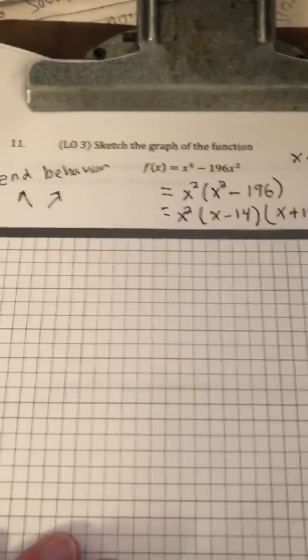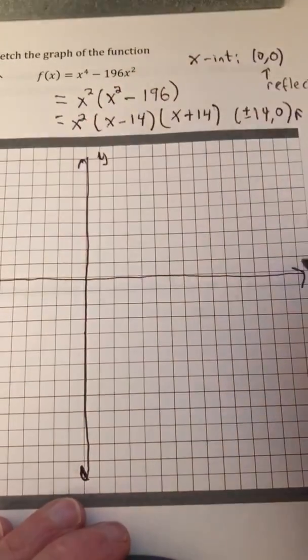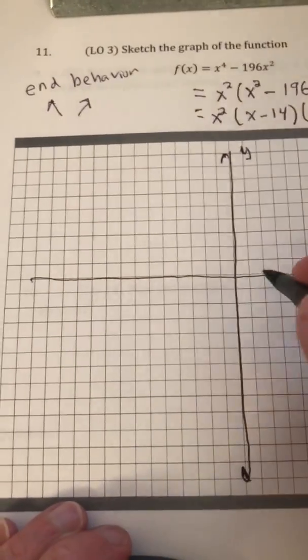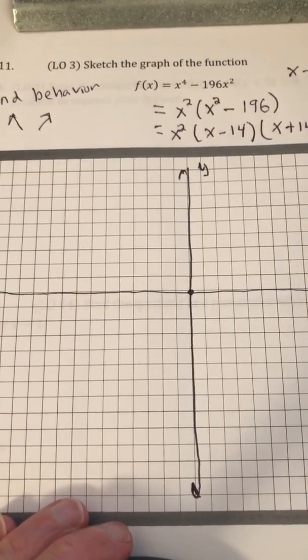So what we're going to have to do is, on our grid, draw our XY coordinate system. So 0, 0, the origin, that's an intercept.